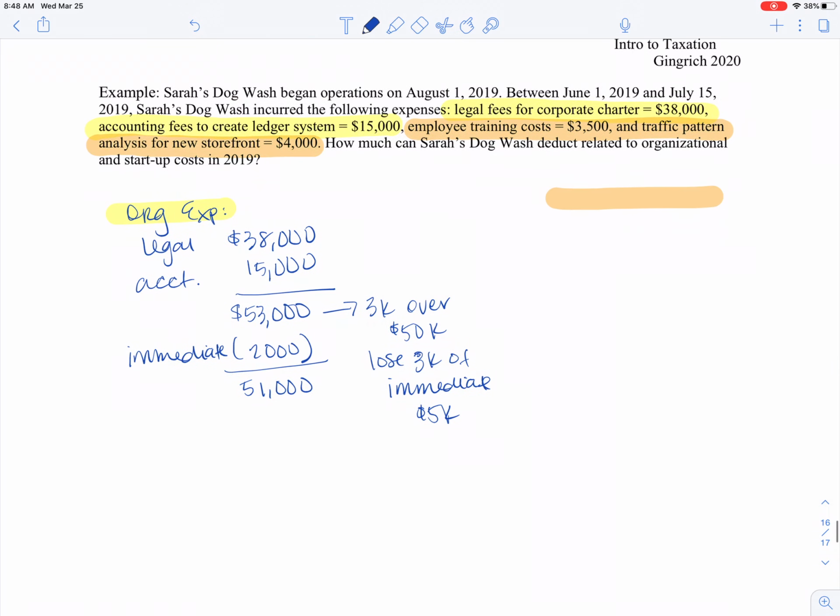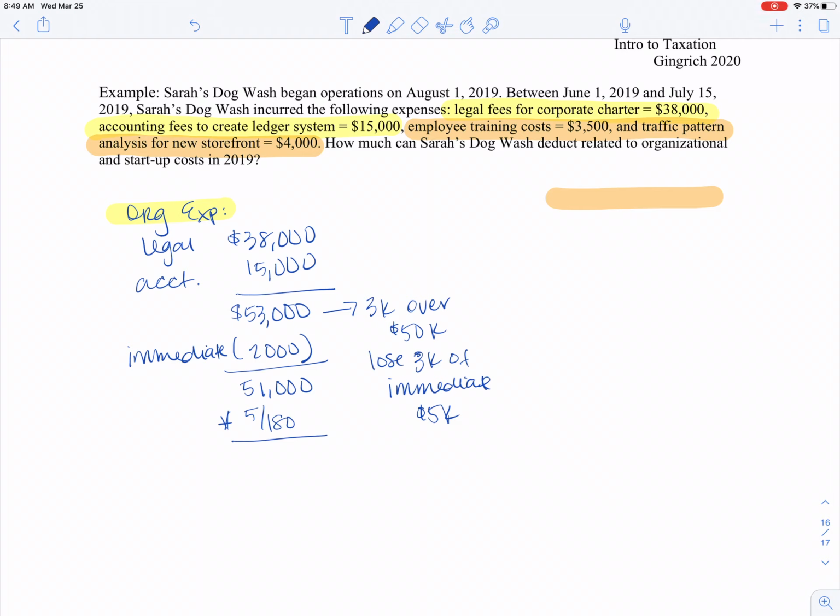So I'm going to multiply this. There are a couple different ways you can do it. You can divide it by 180 months, and you can get a monthly amortization. Or I'm going to multiply it in this case by 5 over 180, because our business began in August. So I will get August, September, October, November, and December, 5 months of amortization this year. And this will give me the amount.